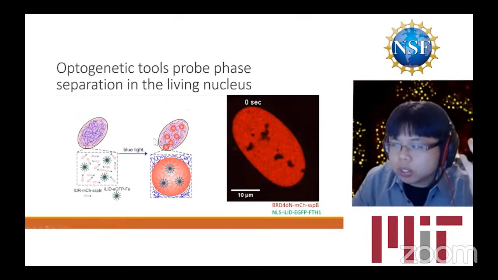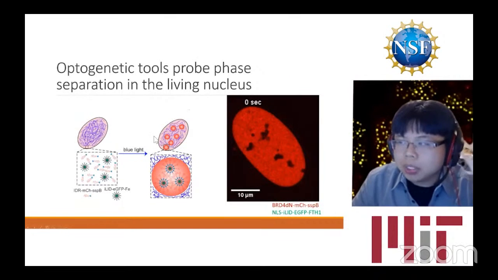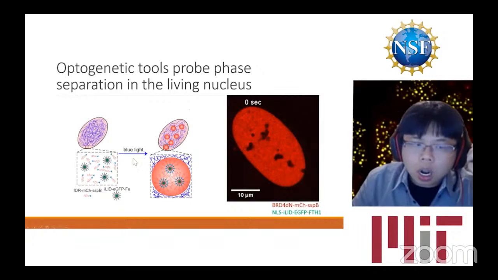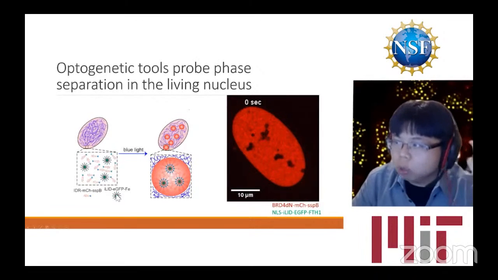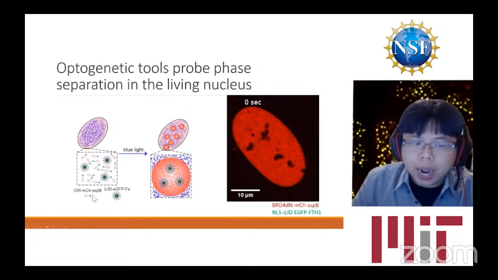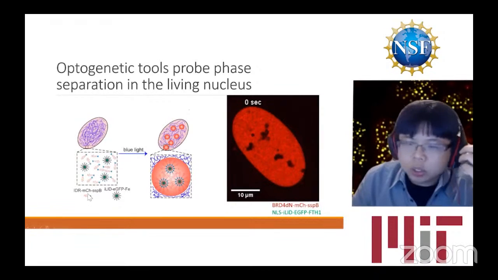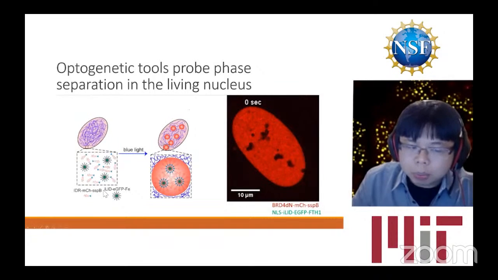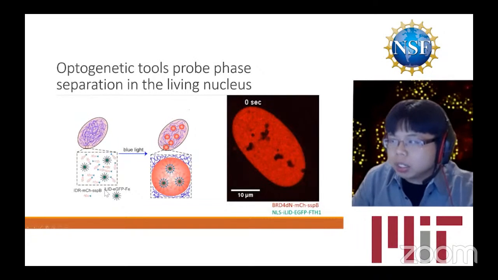This is called the Corelets system, which was developed initially by Dan Bracha and colleagues. We express these two components: the iLID-GFP-ferritin, which multimerizes into a 24-mer ferritin core, as we call it, and the IDR-mCherry-SspB. The iLID and the SspB are optogenetic partners.